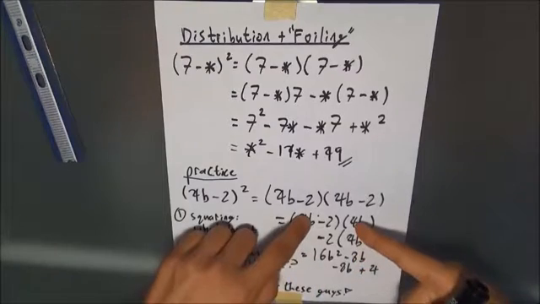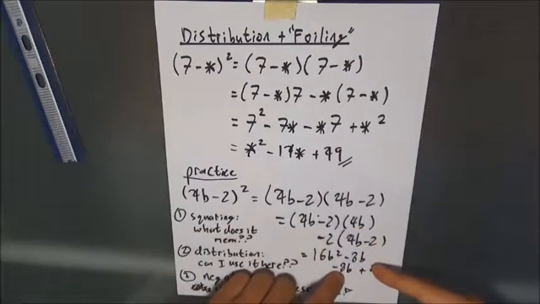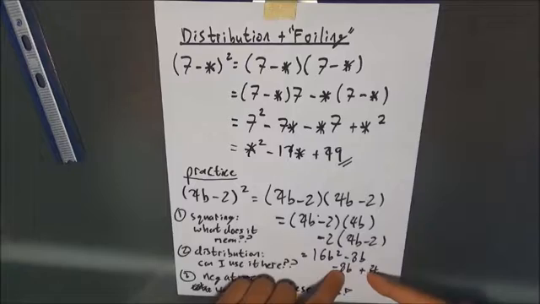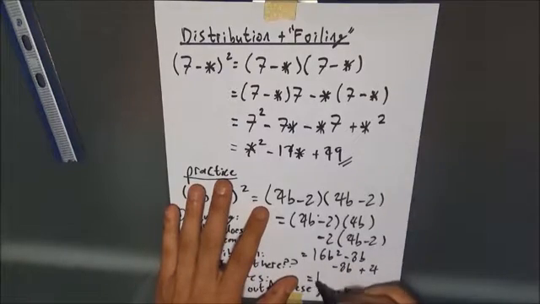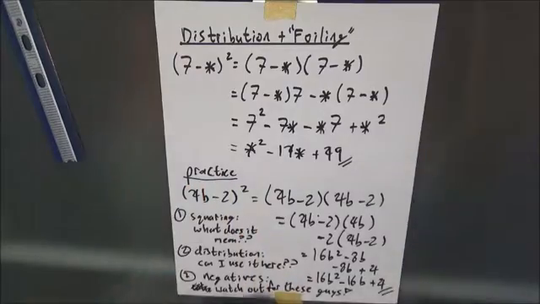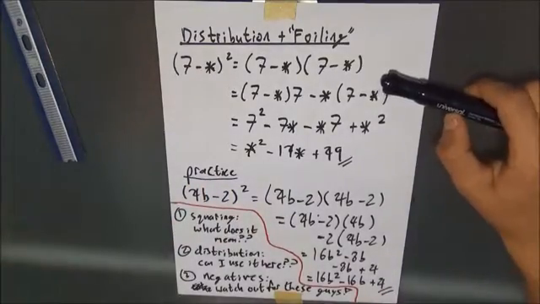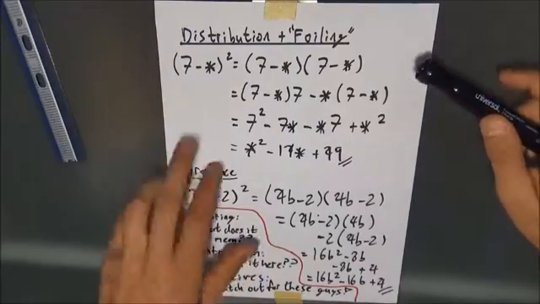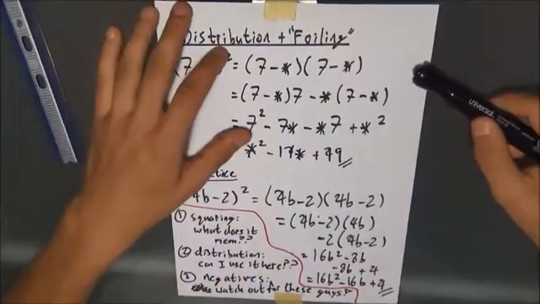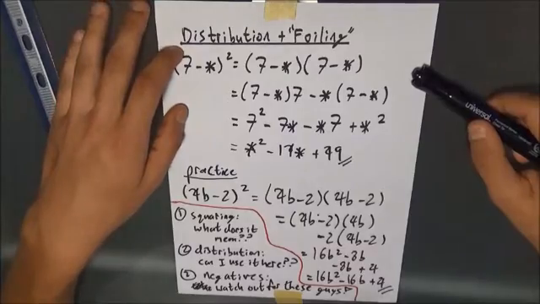This first line is this distribution, second line is this distribution, and then all on the same line, I'll gather like terms. Okay, so that's how to square binomials. If you guys can do this binomial and you were able to follow through this, then you'll be able to square any binomial that your teacher throws at you.